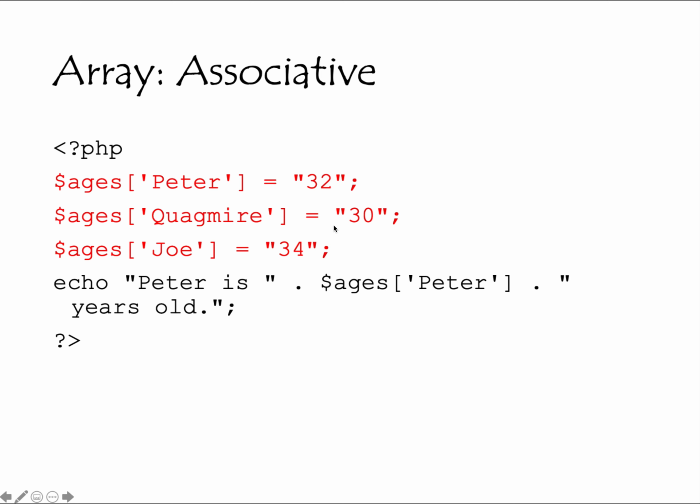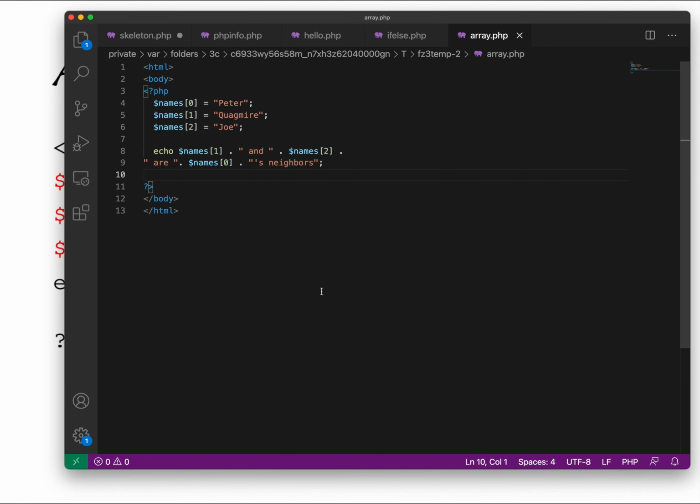So how to use it? Similar to the numeric array, using key values you can retrieve the value that you want. So here, echo Peter is ages Peter years old. So the output will be Peter is, what's the value for this? We know that it's 32, so 32 years old, right? Let's test this. Go back to your code, and here I want to add an associative array.